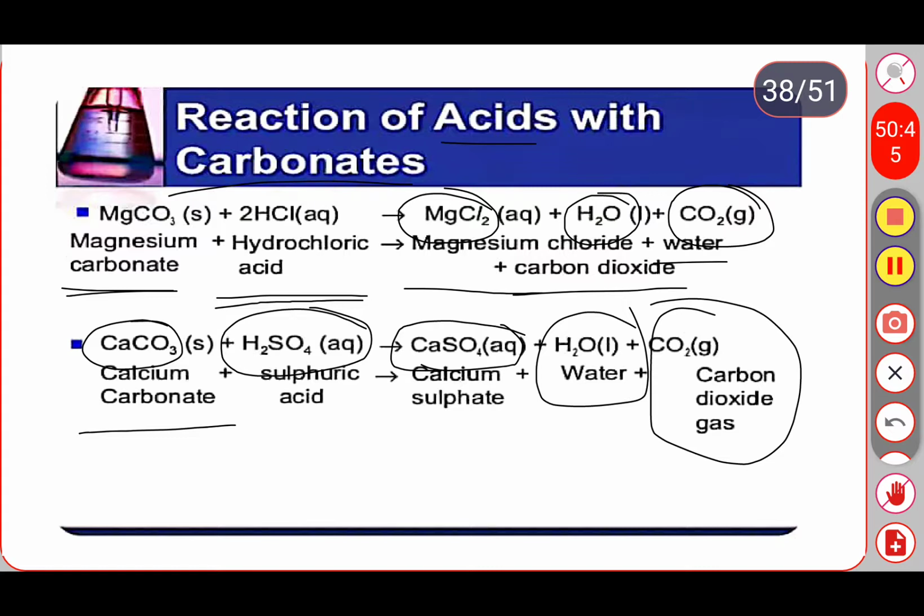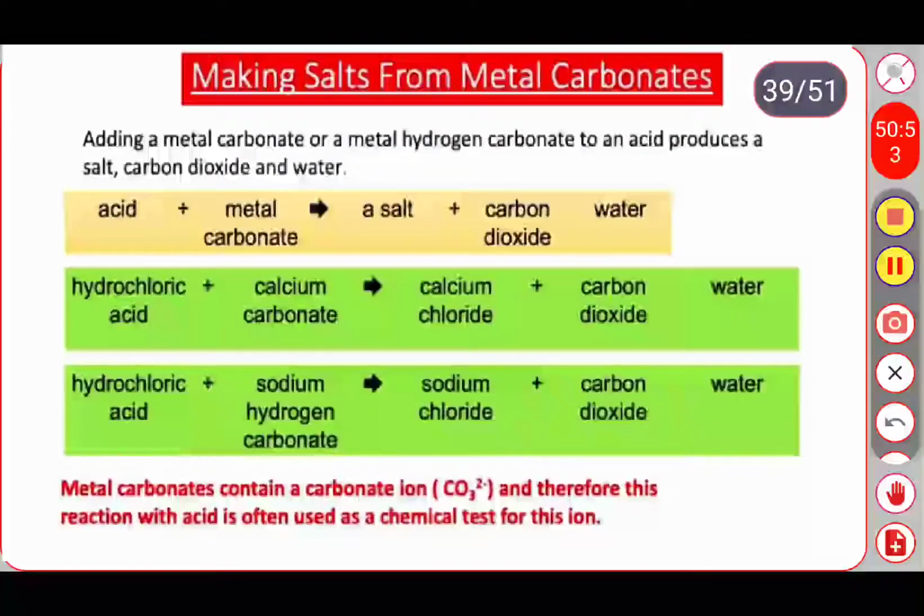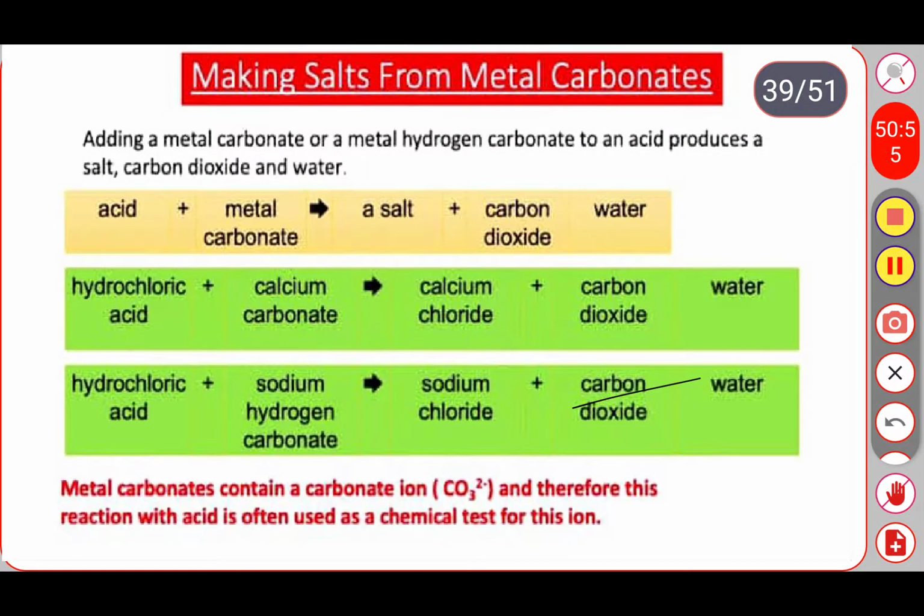See here some more information regarding the reaction of metal carbonates. Adding a metal carbonate or a metal hydrogen carbonate to an acid produces salt, carbon dioxide and water. So when acid is combined with a metal carbonate, it always forms salt, carbon dioxide and water.